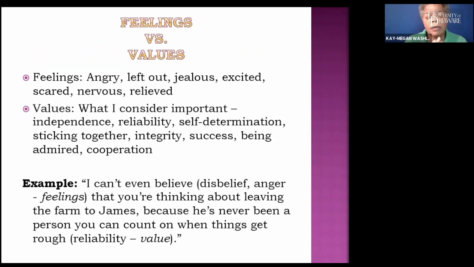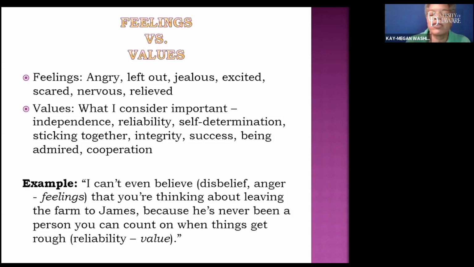So just a quick thing here, feelings versus values. Feelings are emotions. So anger, feeling left out, feeling jealous, feeling excited, feeling scared, nervous, relieved. Those are all feelings. Values are the things that the feelings tend to come from. Your values are what you consider to be important.